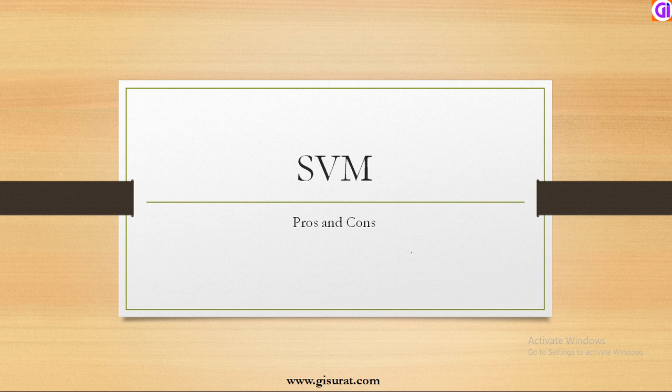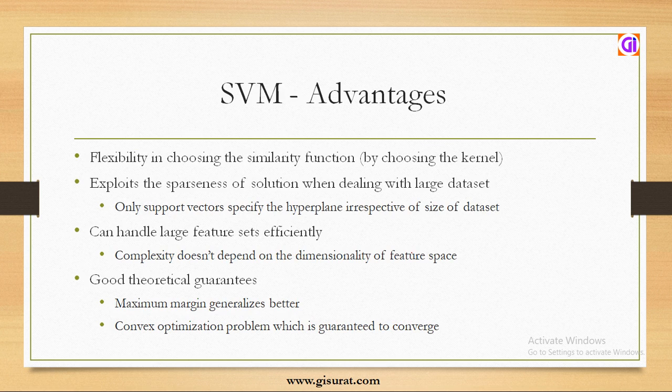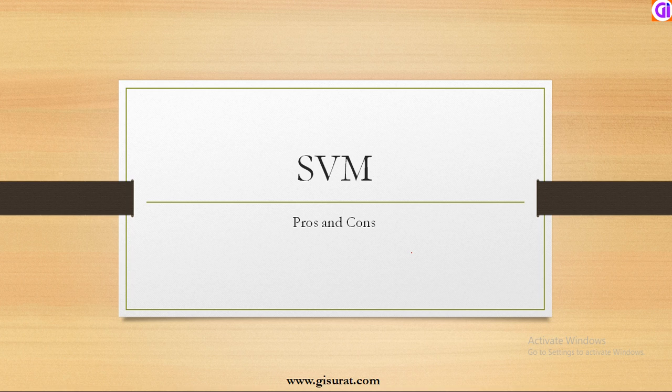Now in the next session, we will discuss SVM advantages and disadvantages, and finally we will sum up. So that's up to SVM. In advantages and disadvantages, we will discuss what SVM can do when we have a multi-class problem. Let us say 3 class labels, red, green, and blue.